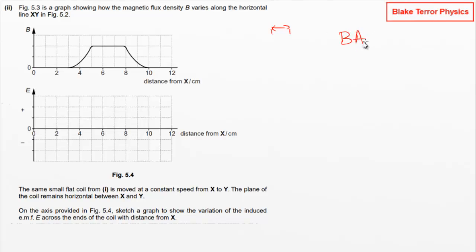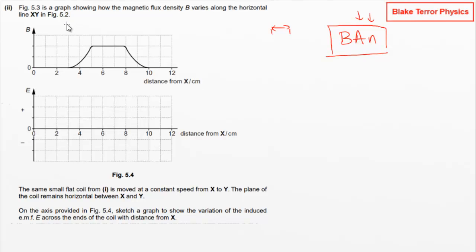Then we need to multiply by the number of turns in the coil. So something's got to change. We know that A and N are not changing. We're not adding coils or changing the cross-sectional area of the coil. So it's only when B is changing that we're going to induce this EMF.